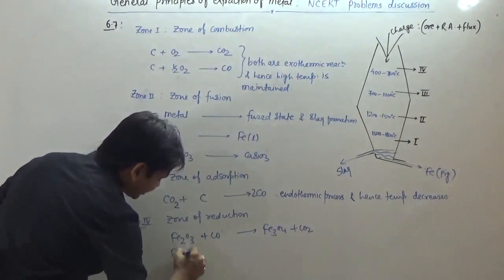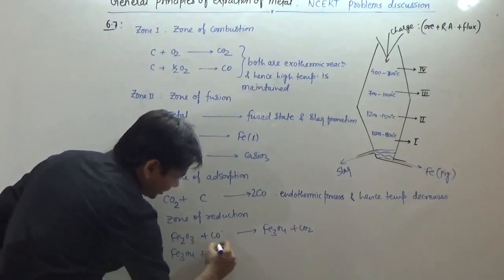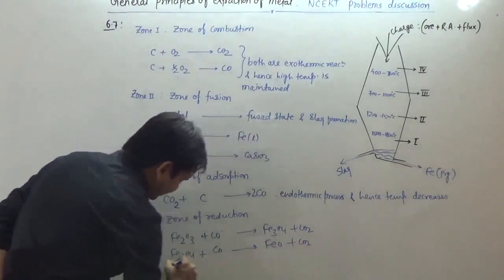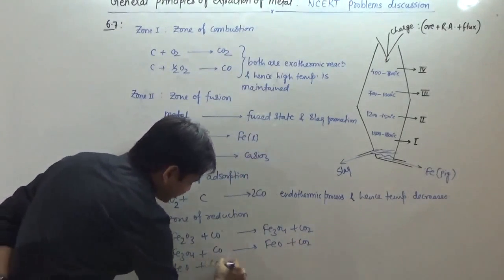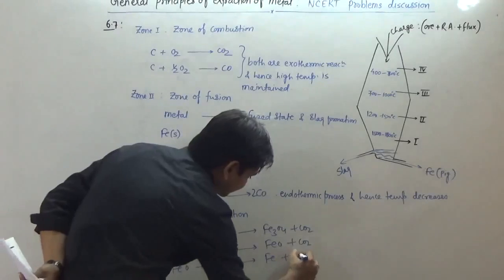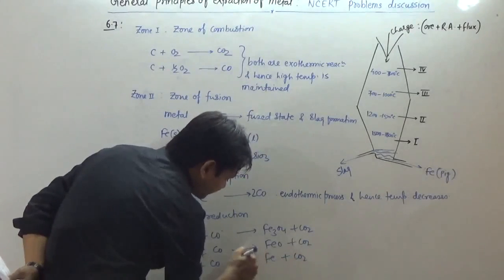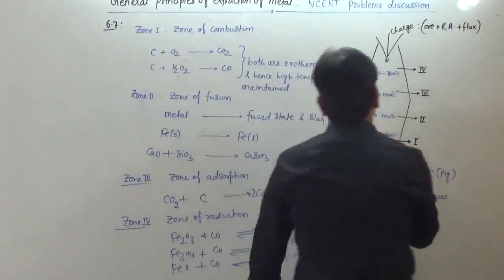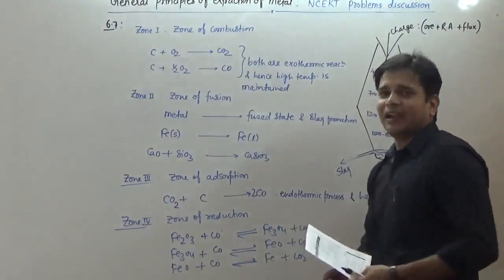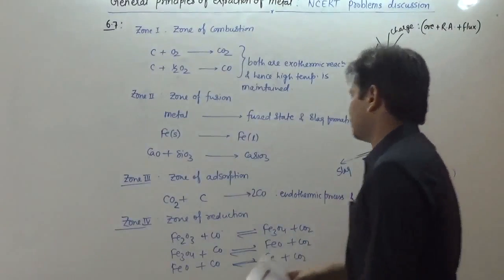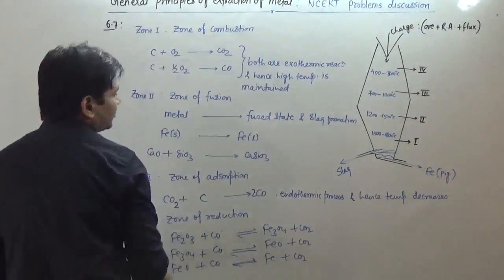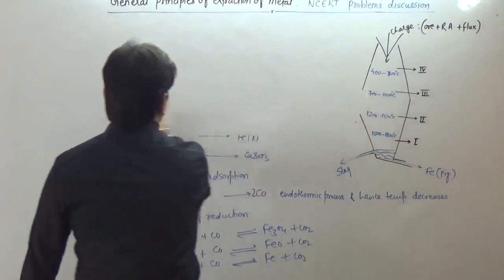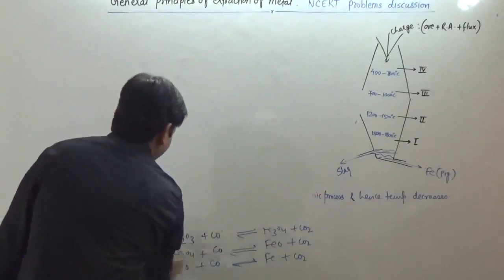Again Fe3O4 is reduced by CO to FeO plus CO2, and then FeO is again reduced by CO to form Fe plus CO2. This iron that is formed here will move downward and get molten at zone 2, and it can be extracted from the bottom of the chamber. These are the different zone reactions in the extraction of iron.